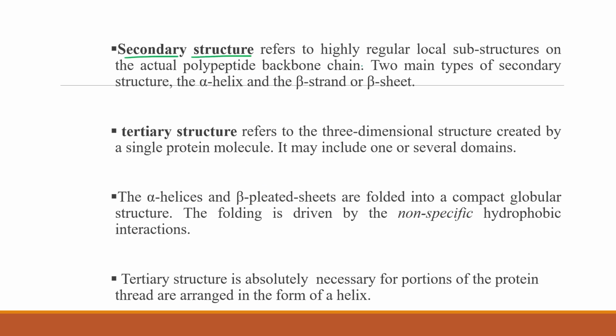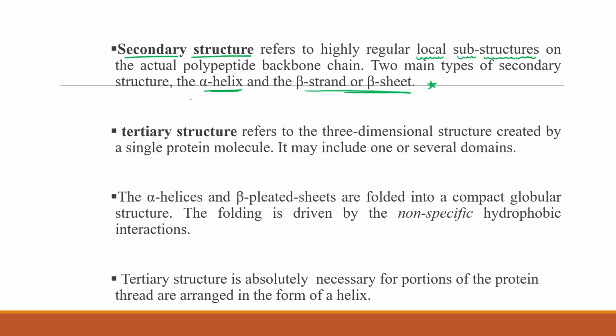Now, secondary structure. Secondary structure refers to the highly regular local substructure on the actual polypeptide backbone. There are two different types of structure: one is alpha helix and the second is beta strand or beta sheet.